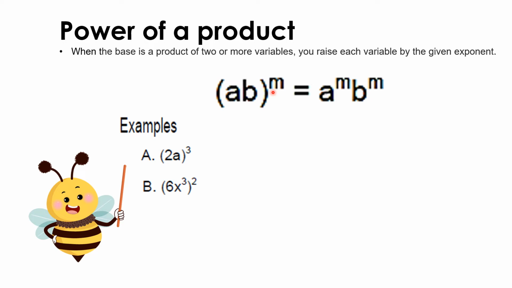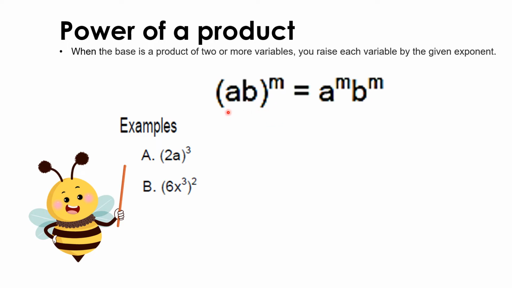So all you have to do is to distribute, or apply the distributive property of multiplication, the exponent outside the parenthesis to the exponent inside the parenthesis of each variable or numerical coefficient.